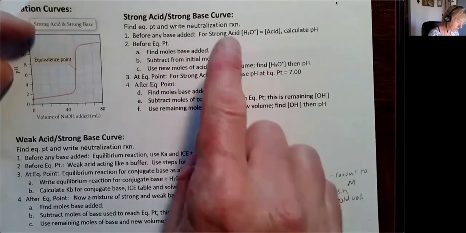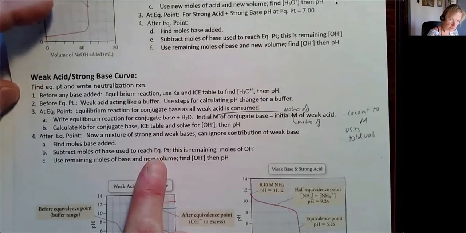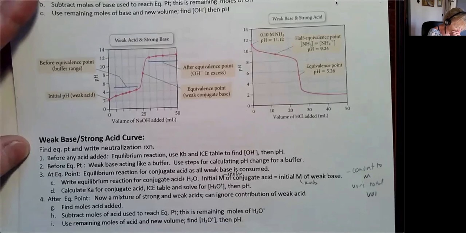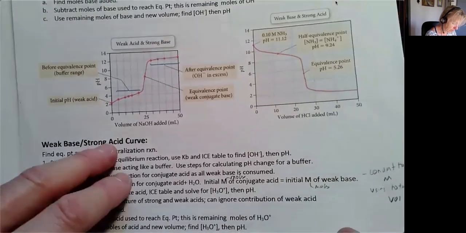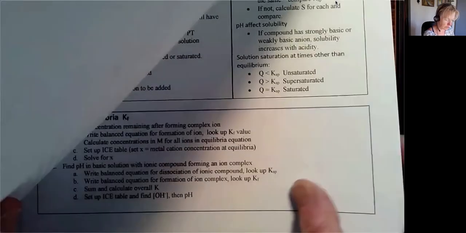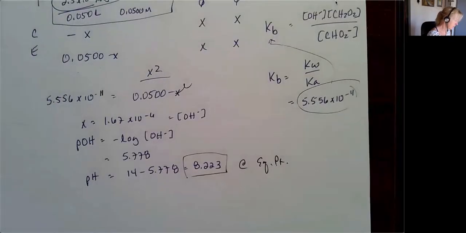So strong acid, strong base is the simplest. Weak acid, strong base is the one we just did. The weak base, strong acid is going to be the opposite of the weak acid, strong base. And then we're not really going to worry too much about a weak acid, weak base, because we don't really do those types of pH titration curves. I mean, we can do it, but the complexity starts to get really crazy.